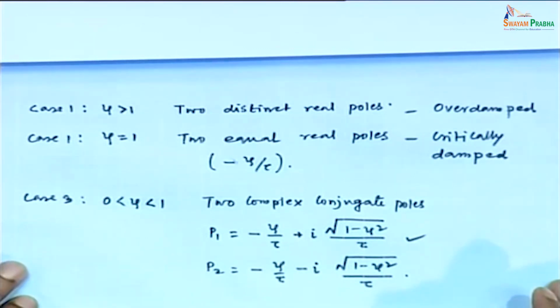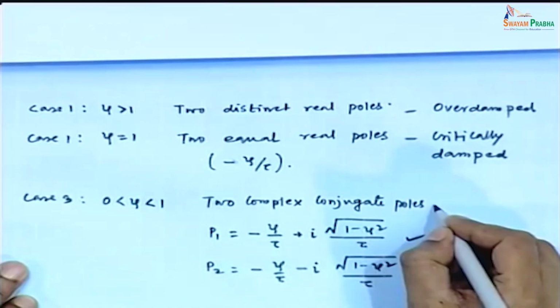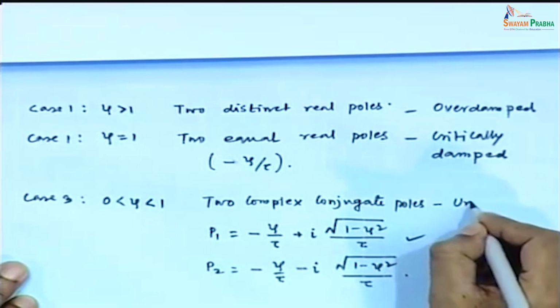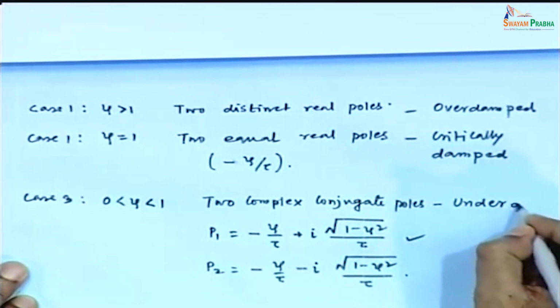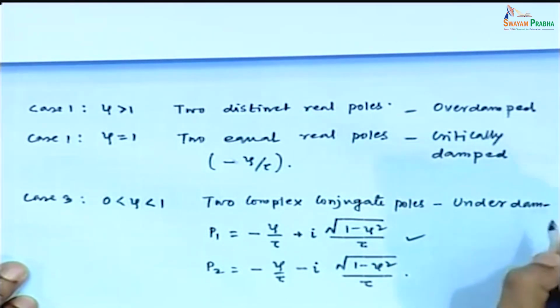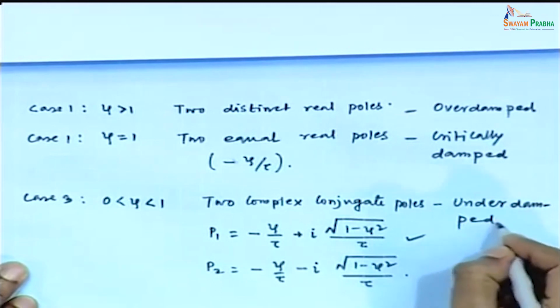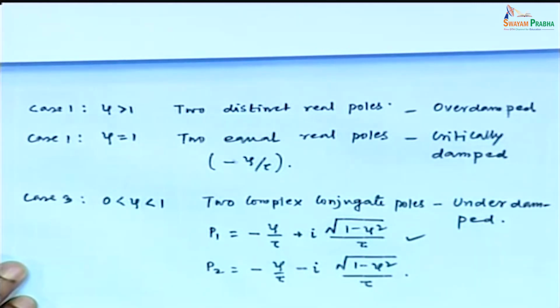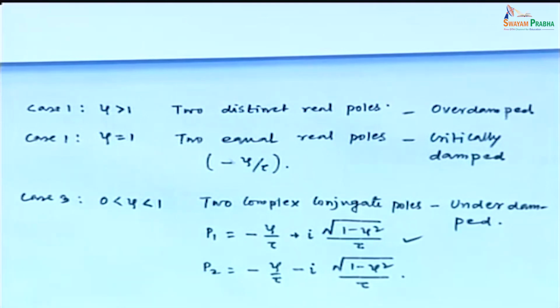So, when zeta is in between 0 and 1, the corresponding response is called underdamped response. So, these are three different cases depending on the value of zeta.